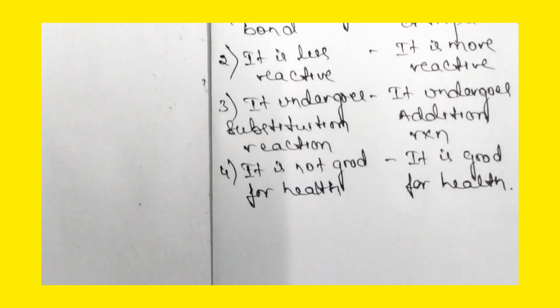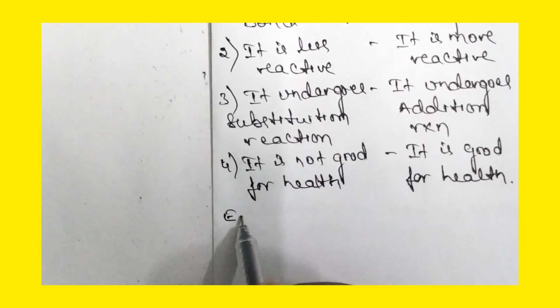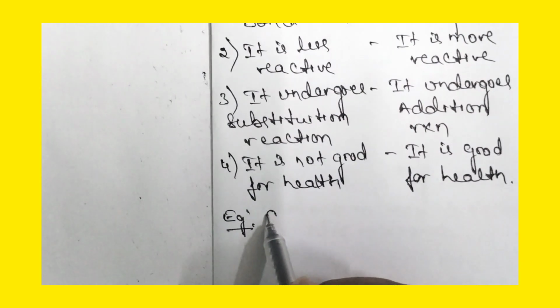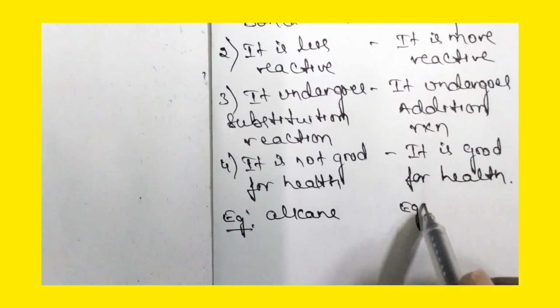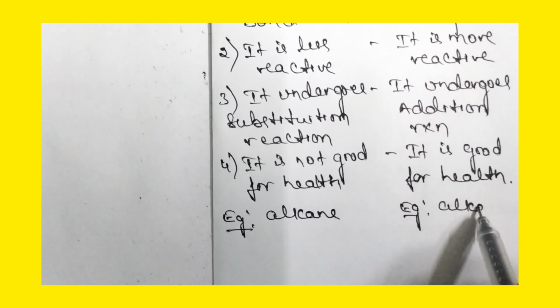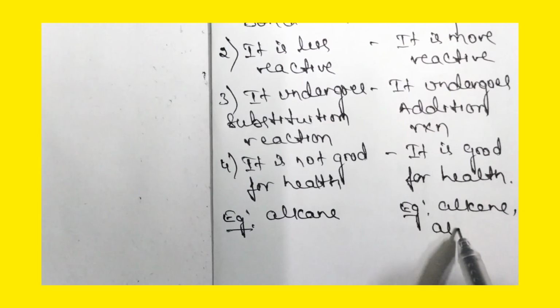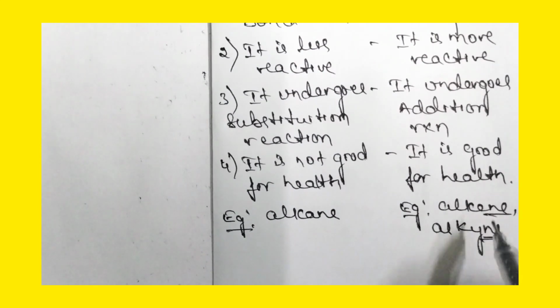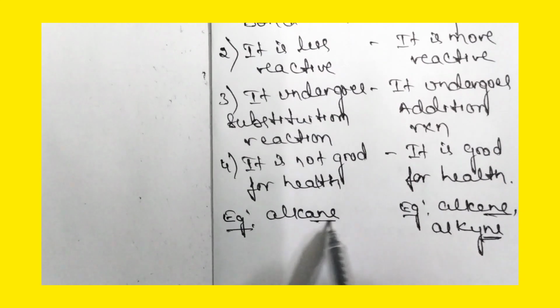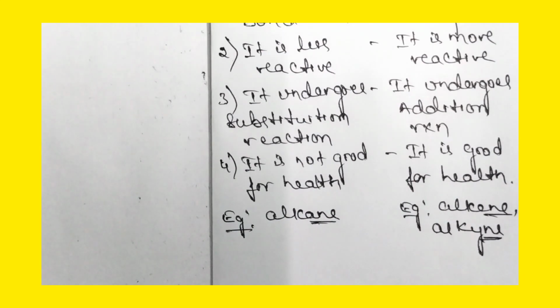So after writing these four, let us write the examples. Under saturated, alkane will come. Example for unsaturated, alkene and alkyne. Alkene and alkyne come under unsaturated. Alkane comes under saturated. So these are the differences between saturated hydrocarbon and unsaturated hydrocarbon.